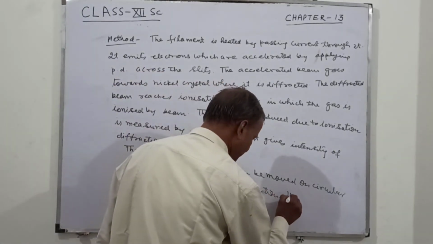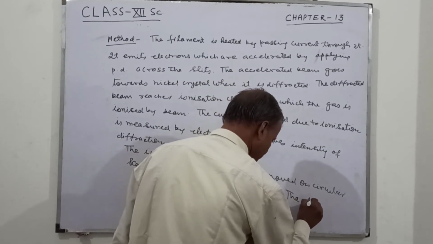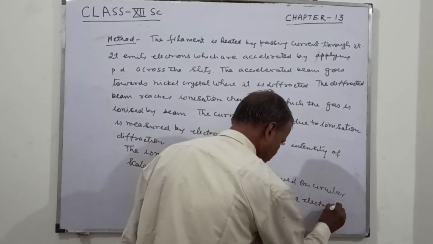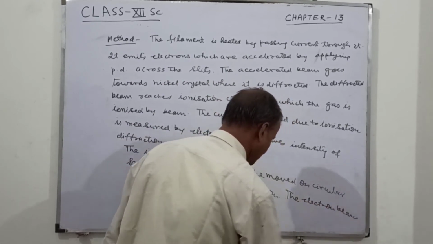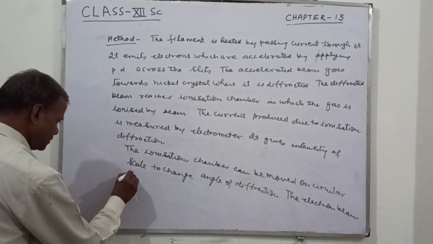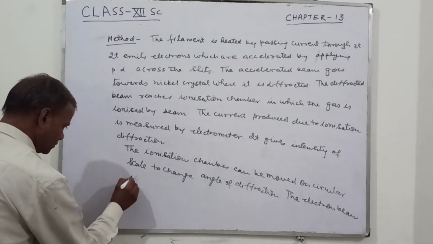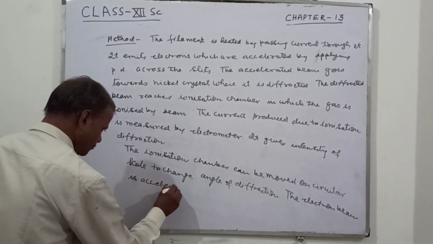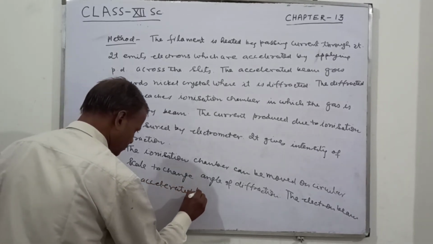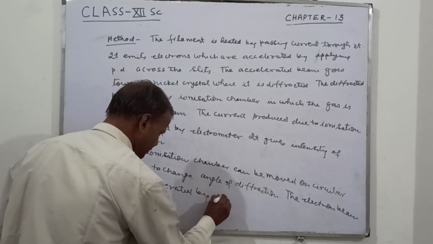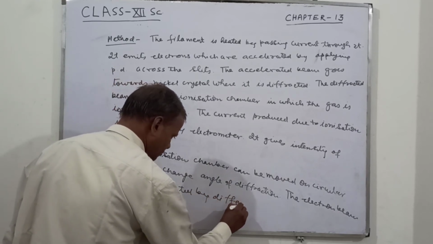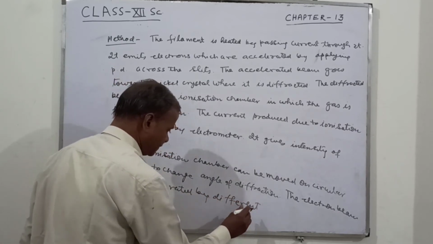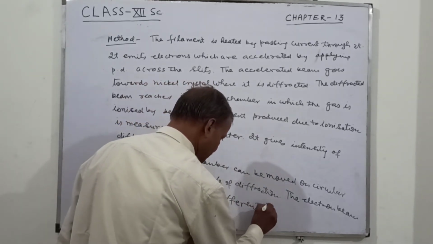The electron beam is accelerated by different potential differences.